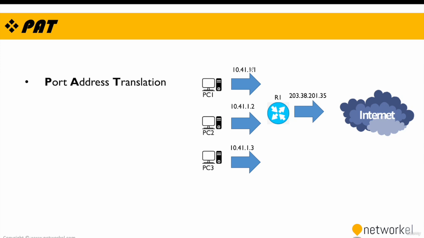Here I have these IP addresses still coming from PC1, PC2, and PC3, but all of them will be using this IP address as the source IP when they are browsing the internet. When the packet is coming back, the port numbers will be used as a differentiator to send the packet to the correct destination.